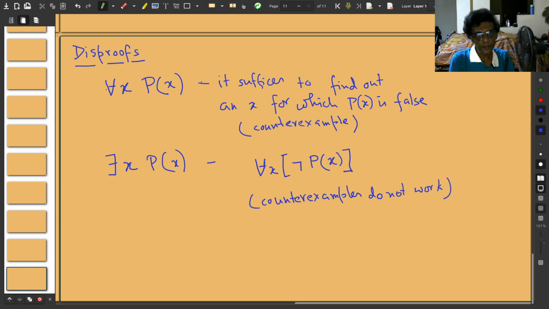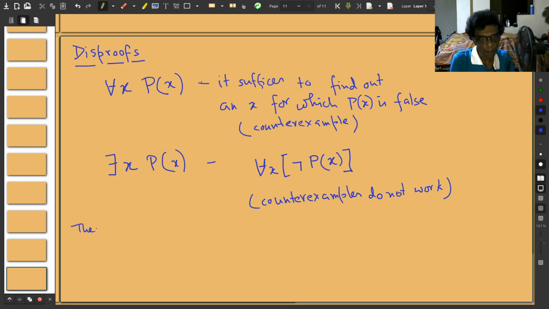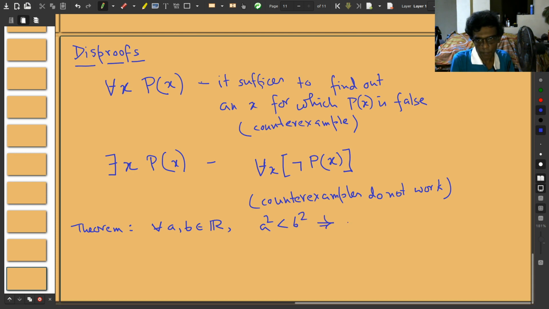Okay, otherwise if it is a for all kind of statement, a single counterexample is good. So maybe I illustrate this by a simple thing. Actually we have already seen a proof, but anyway let me give you a small example. For all a, b in the set of real numbers, a square less than b square implies a less than b.